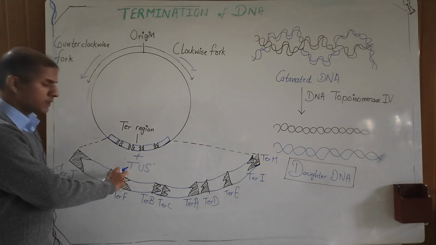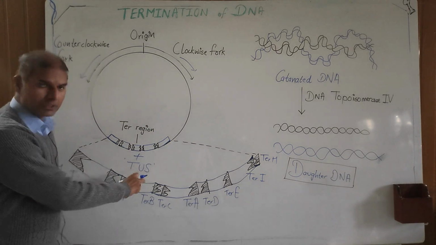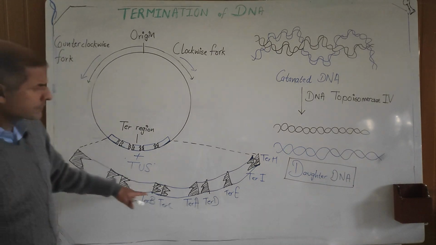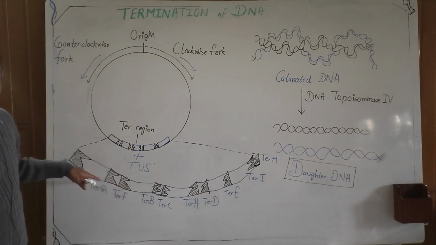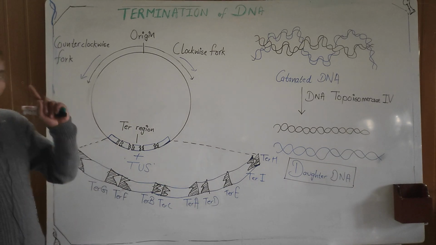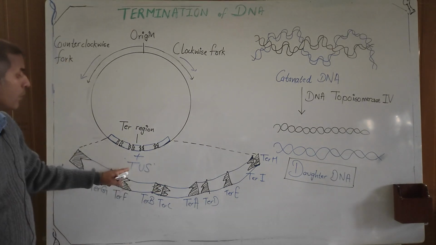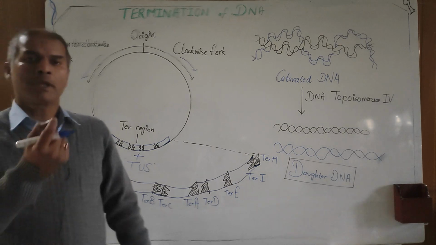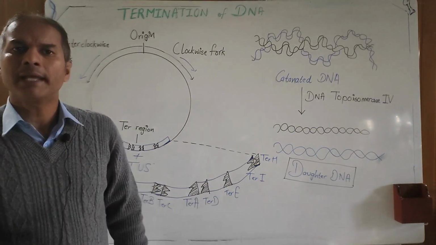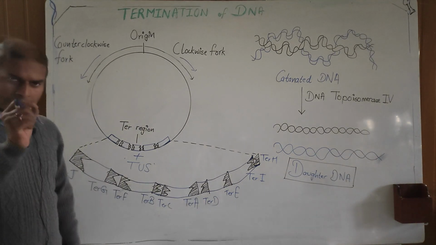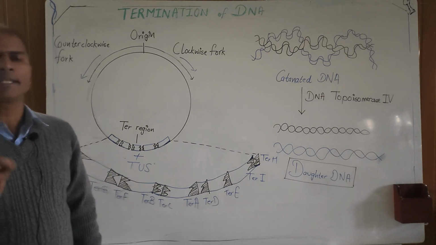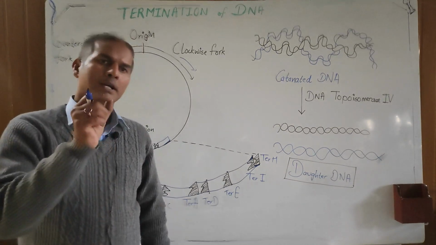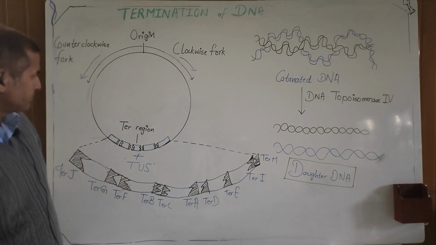TUS means terminus utilization substance. When several TER sequences are present, one TER binds with one TUS and forms a TER-TUS complex. Always remember, the TER-TUS complex is responsible for termination of DNA replication.